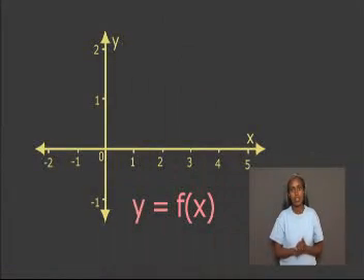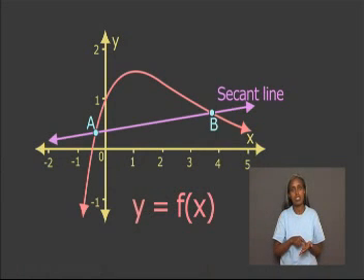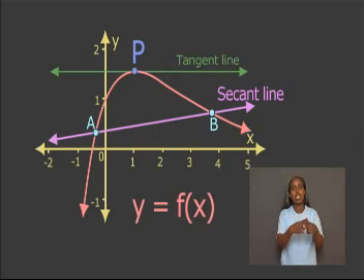A line which intersects a continuous graph in exactly 2 points like this is called a secant line. A line which touches a graph in exactly 1 point is called a tangent line at that point.